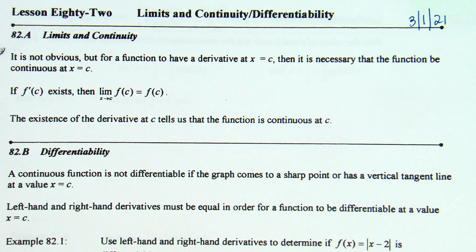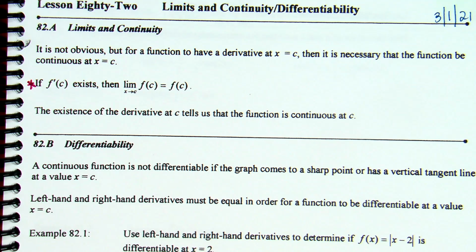Notice the slight comment here. It's saying if f prime of c exists, so if the derivative exists, then the limit of f of x as x approaches c is equal to f of c. That whole idea that the limit equals the point is saying that it's continuous, right? Because remember, to be continuous, the limit from the left equals the limit from the right equals the value at that point.